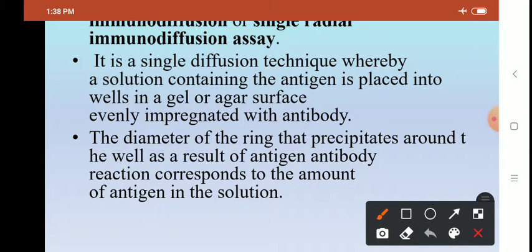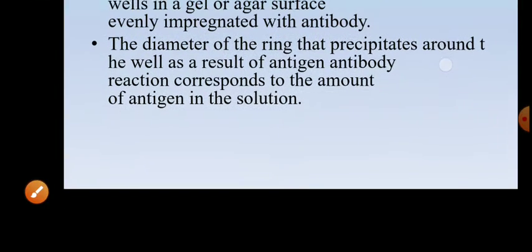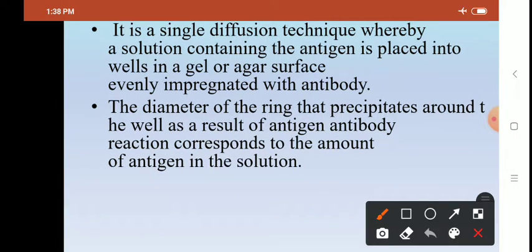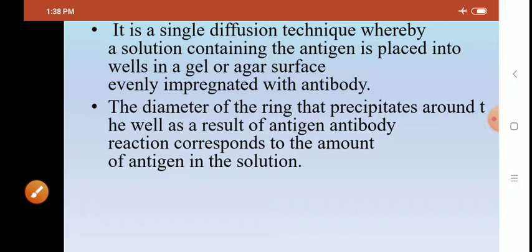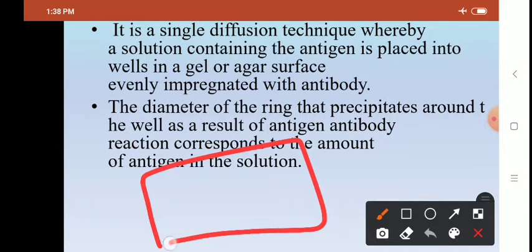Okay, now suppose this is a slide. We have cut a well and we have placed the antigen. The antigen diffuses out into the gel, and you can get a precipitin ring. Why do you get a precipitin ring?